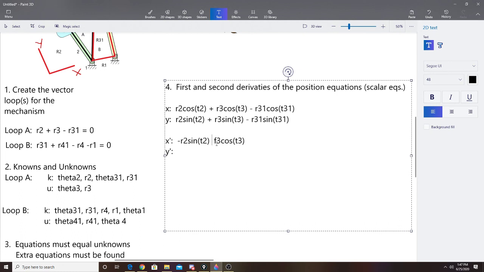Yeah, I'm actually gonna change this one back. I'm gonna do a plus here and put this in parentheses. Minus R3 sine T3. Right? Because remember, we had to take the derivative since they're both, oh, there's an H3 here.